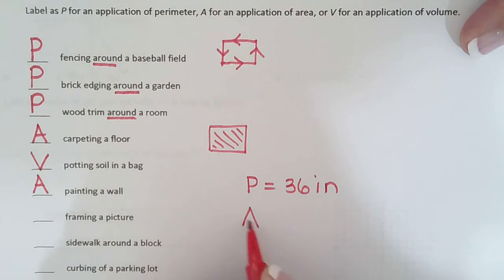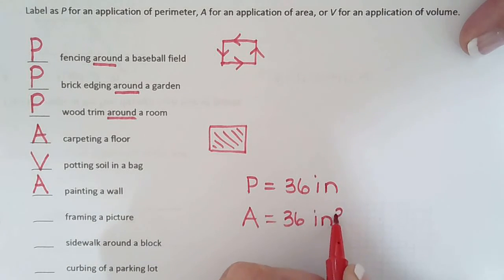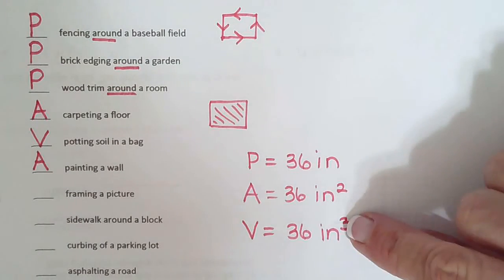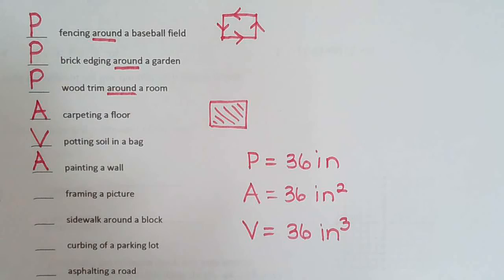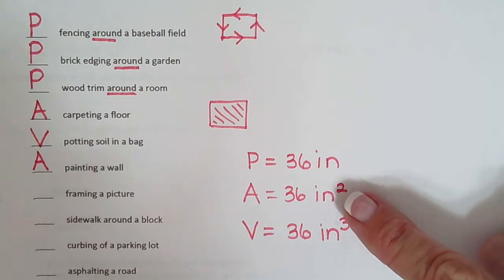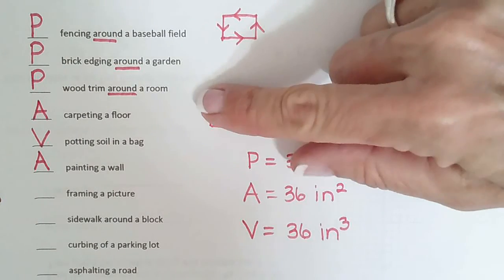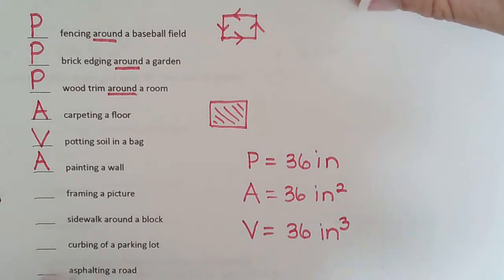If we're doing area, it would be 36 inches squared, because it's 2-dimensional, where if we're doing volume, it would be 36 cubic inches, cubed, because it's 3-dimensional. So that's the difference between that. So painting a wall, you have to know the length times the width, how much paint will fit in it. So painting a wall is filling in the inside, and that is area.